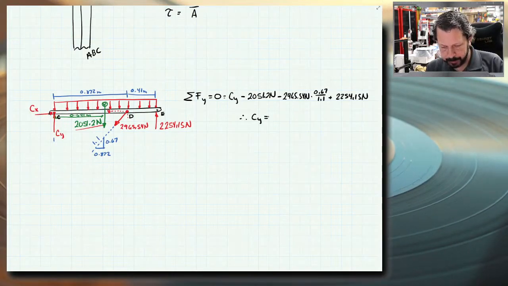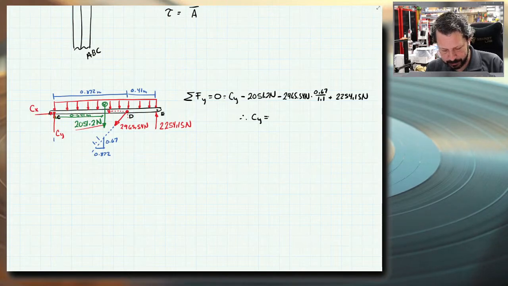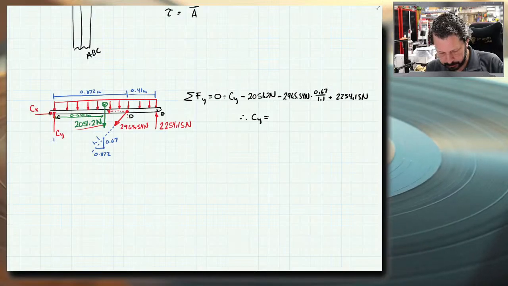Negative 2051.2 minus 2965.54 times, I want to make sure it does the order of operations correctly here, 0.67 divided by 1.1, plus 2254.15. Now I've got negative, minus, and plus. I think that all works out right.